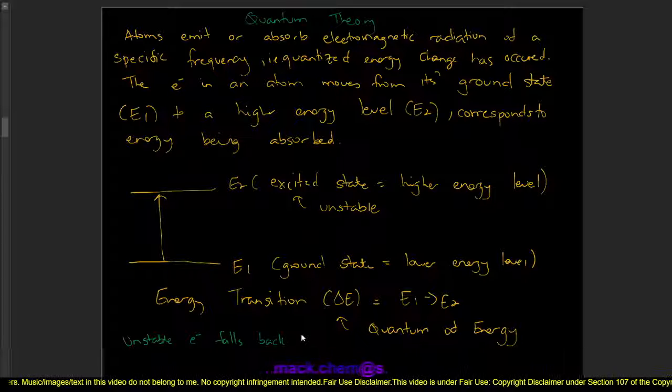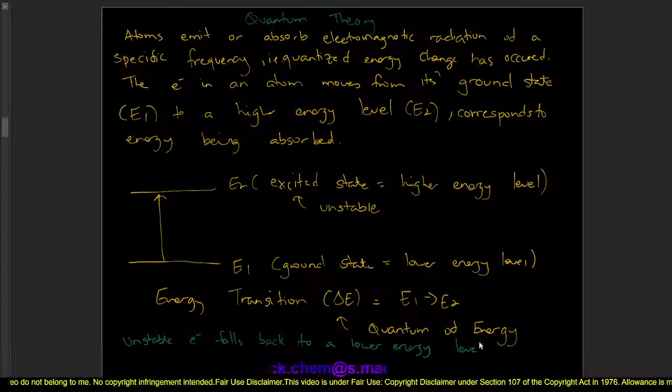Right, so it falls back to a lower energy level. So unstable or excited electrons will fall back down to a lower energy level. At higher energy levels, it is unstable. It will fall back down to a lower energy level.